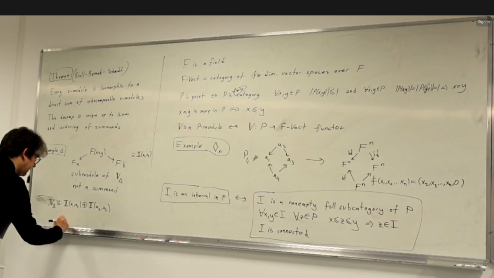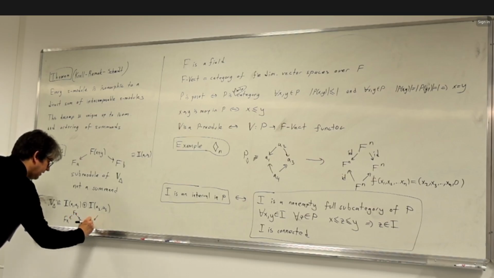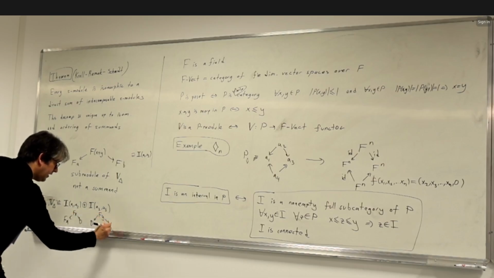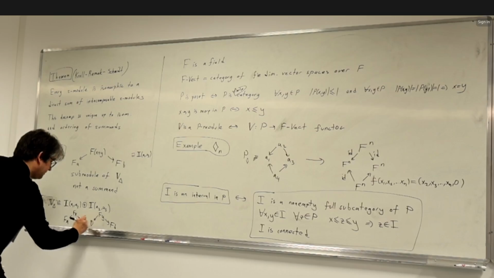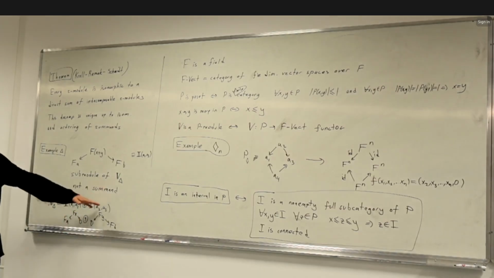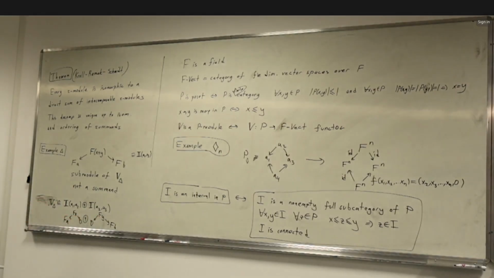So this is like f x, f a, and then 0, and this is like 0, f y, f b. So you put f's in the interval, you put zeros outside of the interval. When you take their direct sum, you get this V triangle.